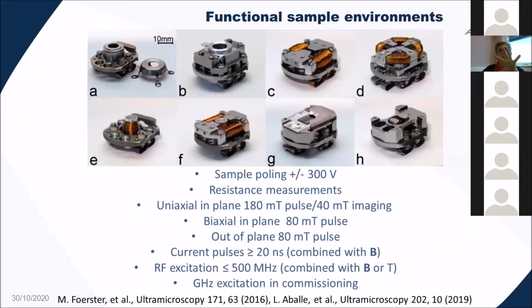But already one can have quite a few functional sample environments, varying temperature, fields, pulses, electric field, strain, and so on, which is much harder in other experimental setups. So these are just some examples of possible sample environments that already exist at ALBA and that any user can access if the proposal is granted.